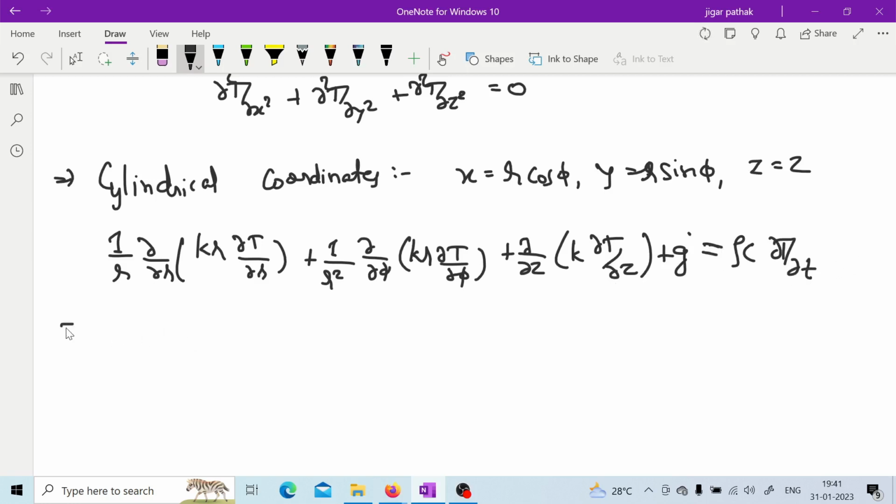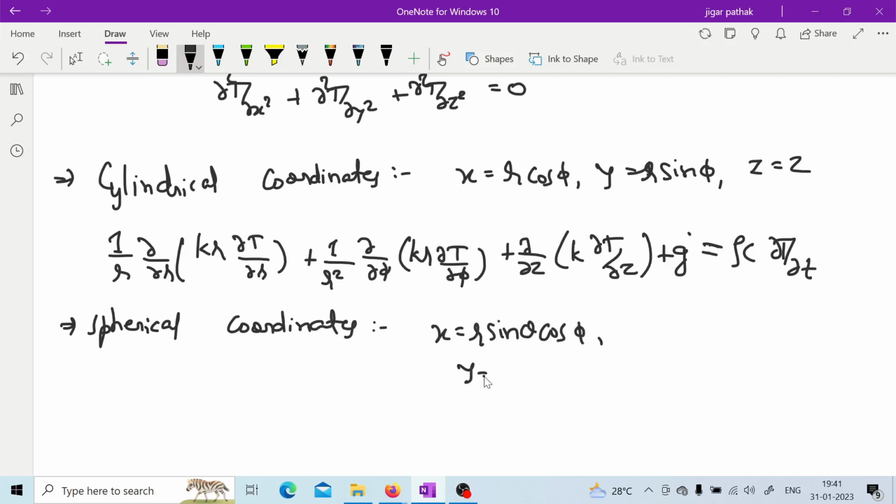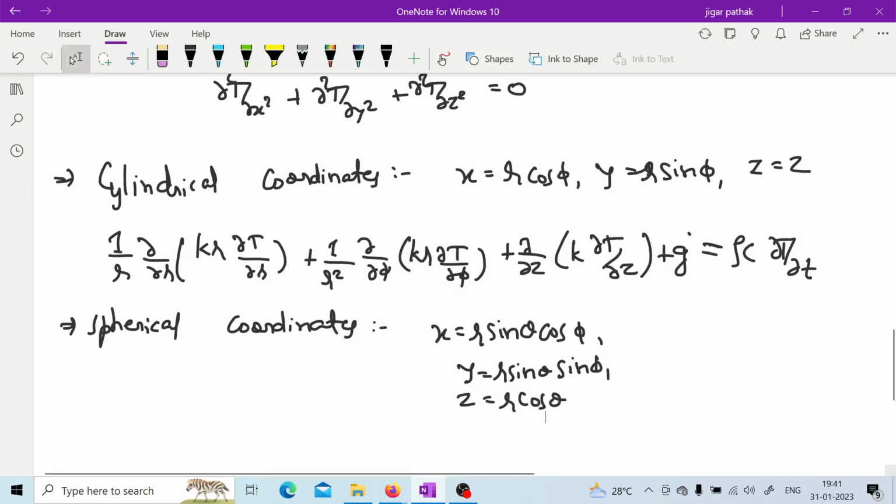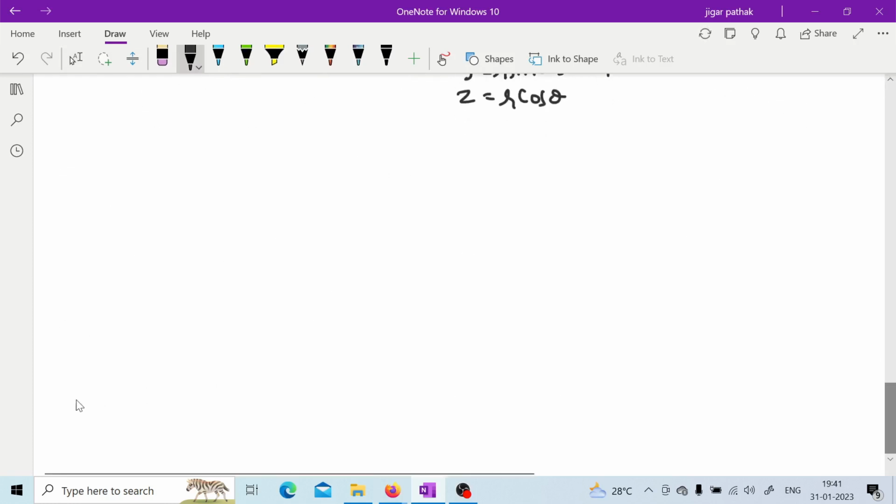And for spherical coordinates, your x is r sin theta cos phi, y is r sin theta sin phi, and z is equal to r cos theta. So for that you can have your equation something like this.